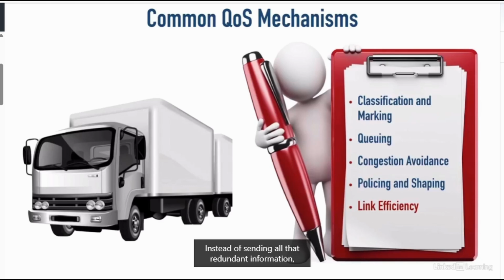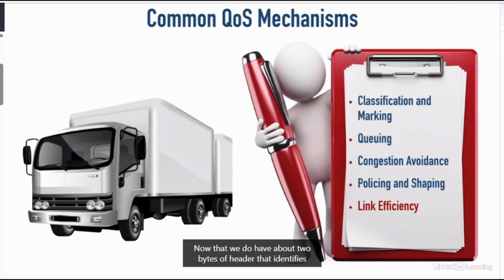Instead of sending all that redundant information, they cache it. They make a copy of it and put it in memory in the routers at each end of the link, and they just don't send that information. We'll strip off that 40-byte header on one router, send it over the relatively low-speed WAN link, and when it gets to the router on the other side, we put it back on because we've made a copy of it.